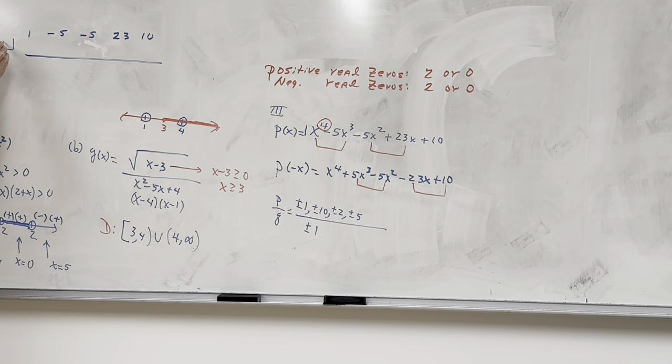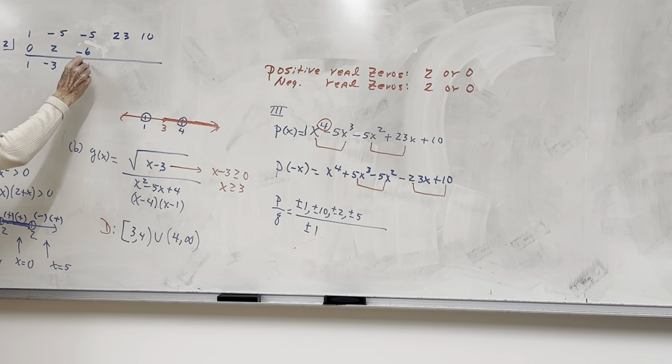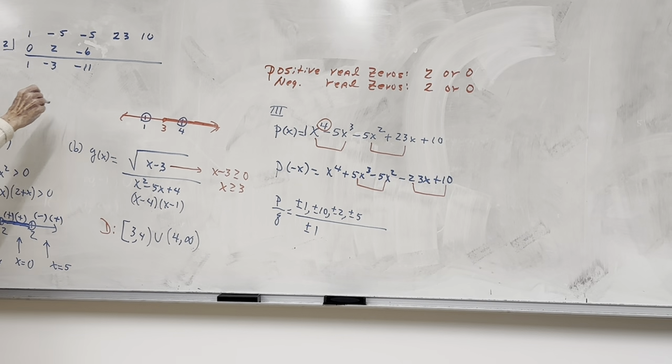And I heard try 2? Okay, let's try 2. 0, 1, 2, negative 3, negative 6, and negative 11? Negative 22, whoa. Did I make a mistake? It's negative 12. Oh, you want negative 2, not 2. 2's not going to work.